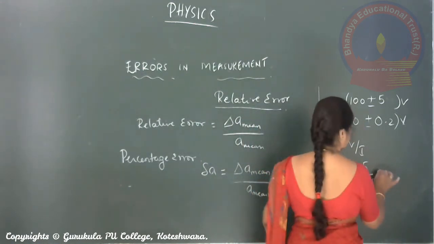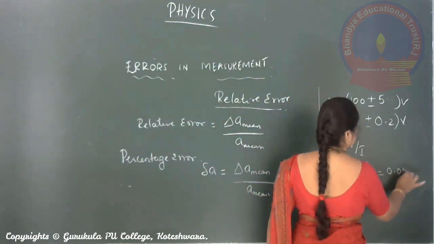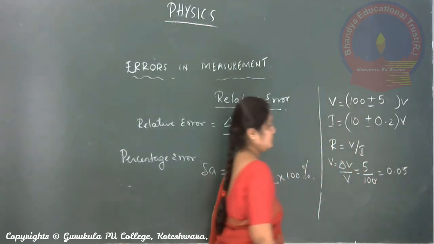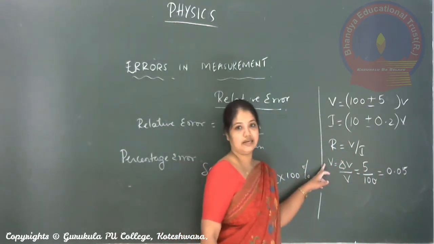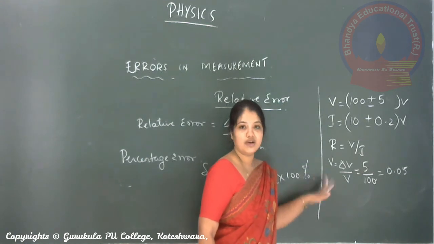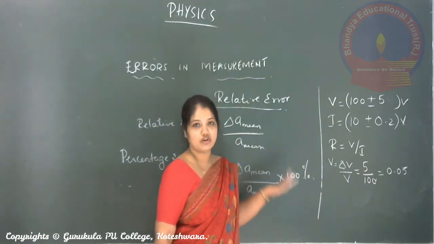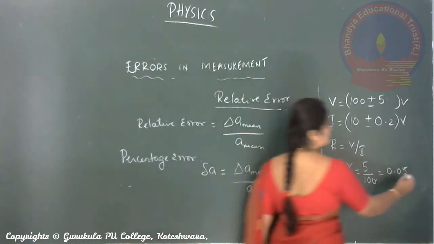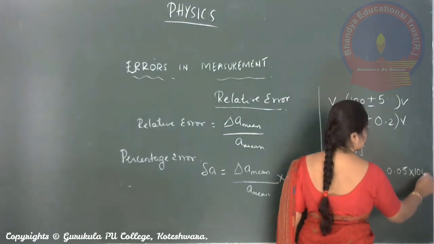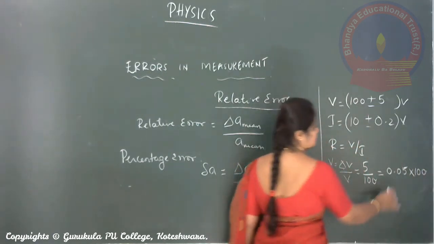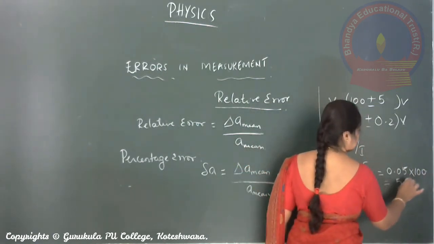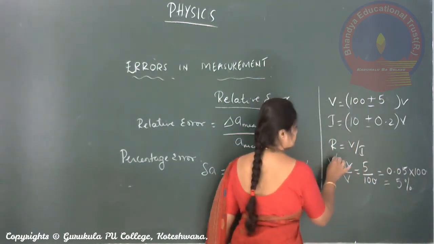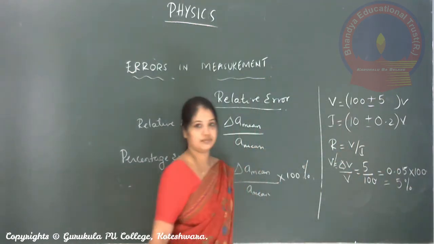So this will be 0.05, the error in V. If I want to measure in terms of percentage, I will multiply this by 100. So this will give me 5% as the percentage error.